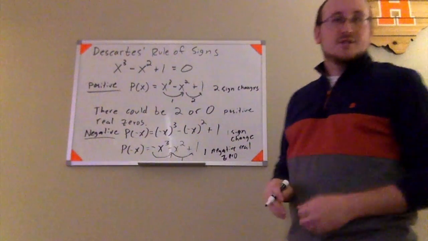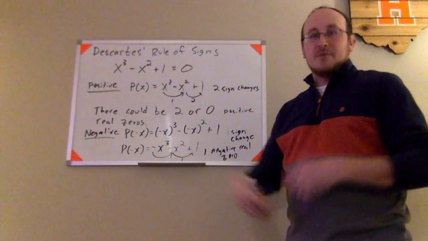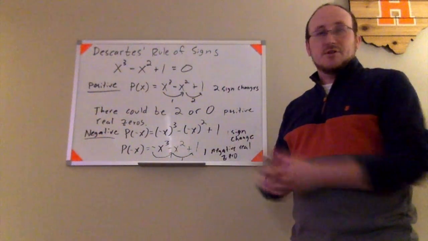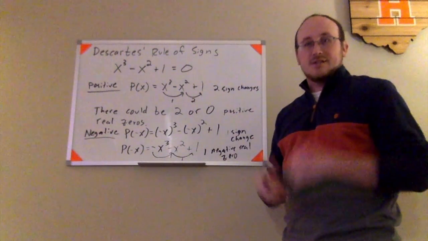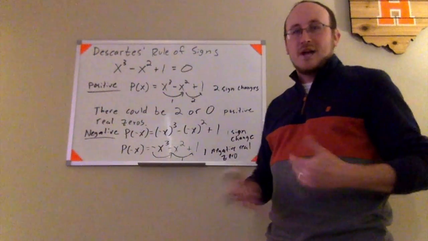We don't know what it is, we just know there has to be one of them, and that's kind of powerful. If there had been 5 sign changes, then maybe that would have told us that there could have been 5 or 3 or 1. Again, it's just telling us how many there could be. It's not telling us any information about what they actually are.